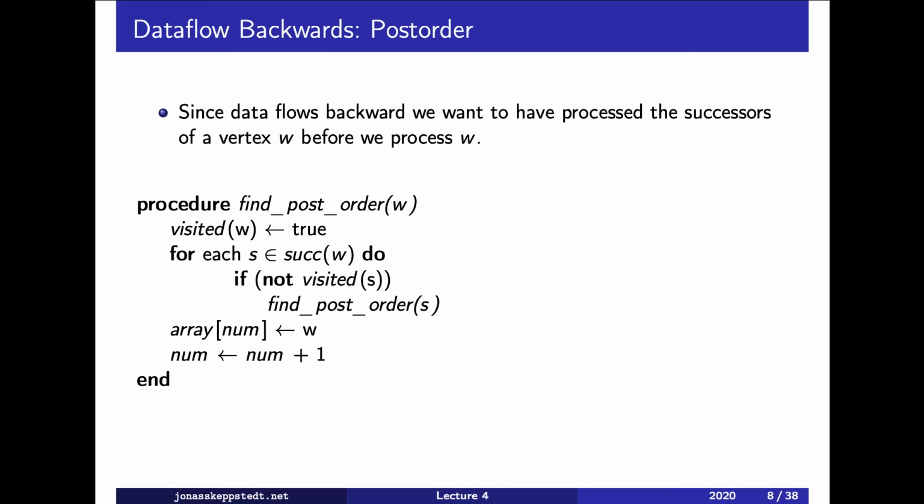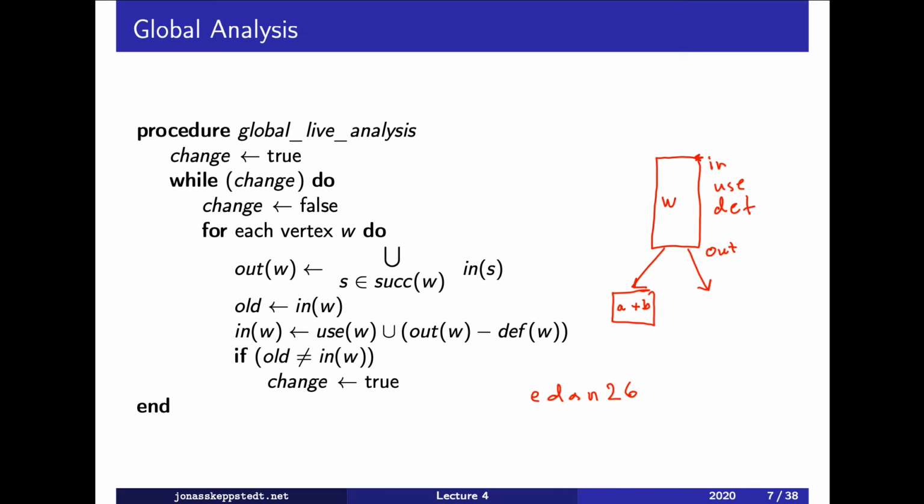So, in which order should we process the basic blocks? Since the information flows backwards, it is better to have processed the successors before we take the union of their insets.